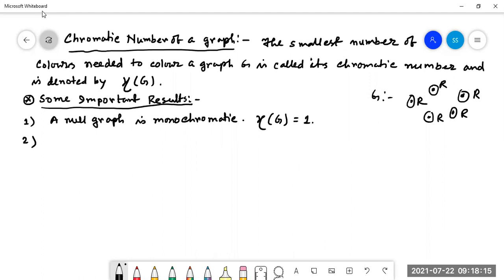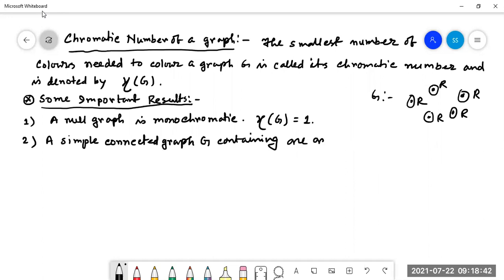Number 2. A simply connected graph G containing one or more edges is at least bichromatic.